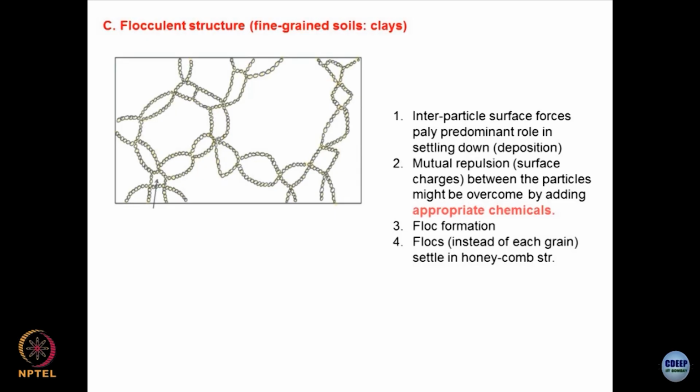Flocks are nothing but an agglomeration of clay sized particles, mostly bound together by the electromagnetic forces acting between the particles, and they create a honeycomb structure. These types of structures have high permeability, very high permeability.